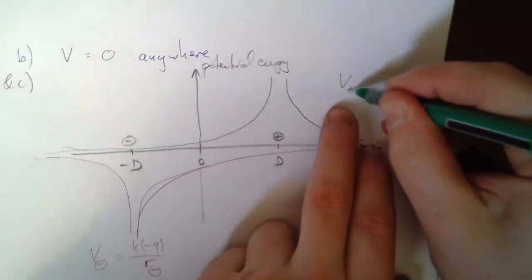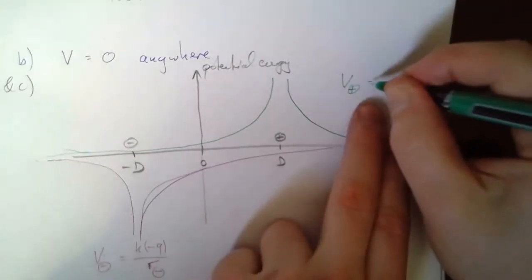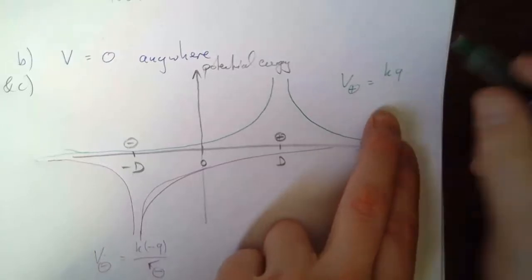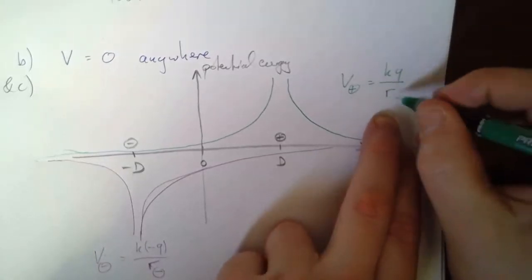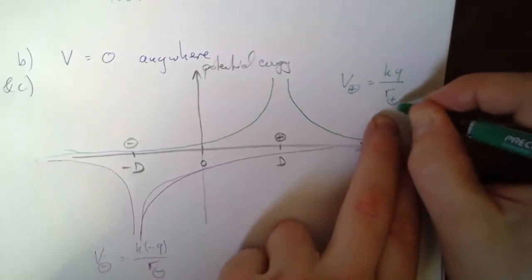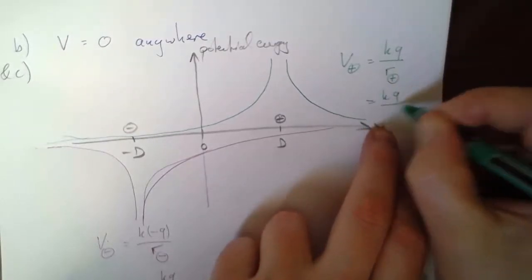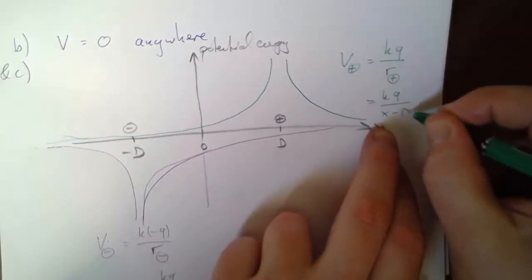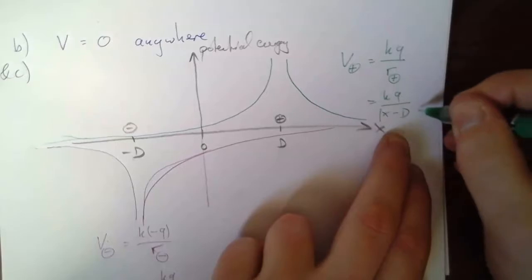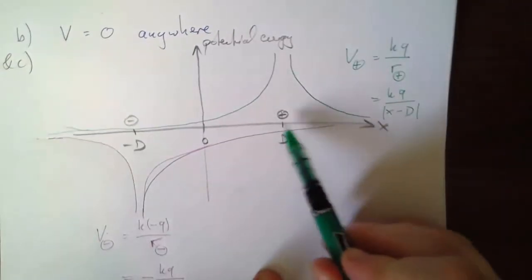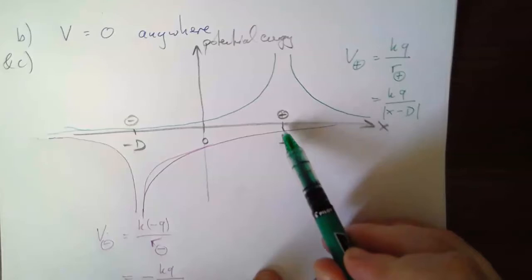The potential due to the positive charge is going to be KQ, in this case plus Q, over the distance from the positive charge. I could write that as KQ over the absolute value of x minus D. The distance from this point here is given by the x value minus the value of the point here.